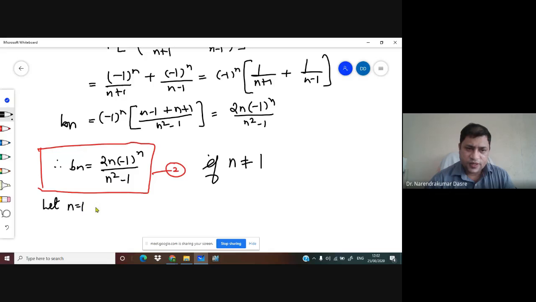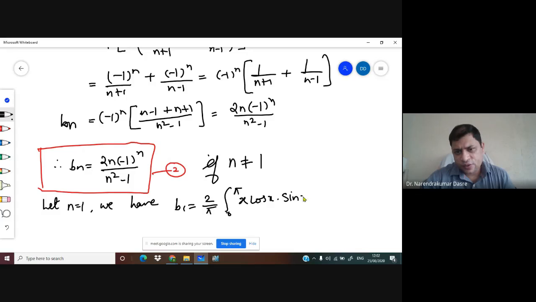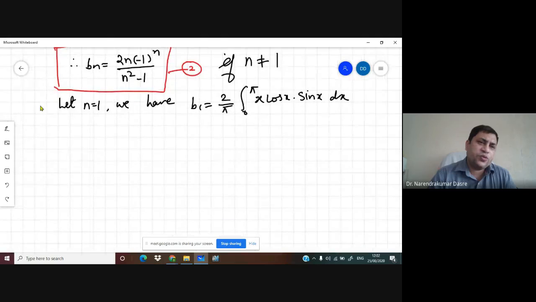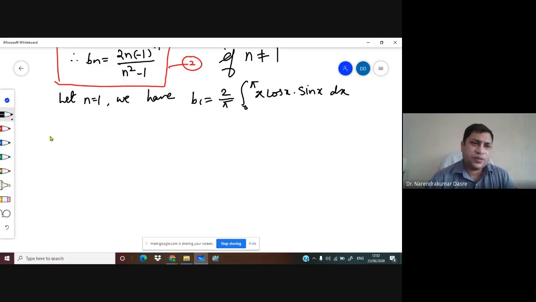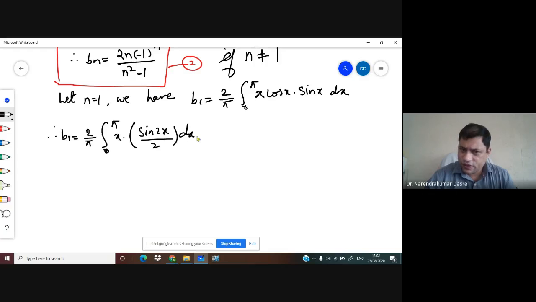So let n is equal to 1, we have b1 is equal to 2 upon pi integral 0 to pi x cos x into sin x dx. Okay, so we have to evaluate this b1 separately, and hence b1 is equal to 2 upon pi integral 0 to pi x into sin 2x by 2 dx.